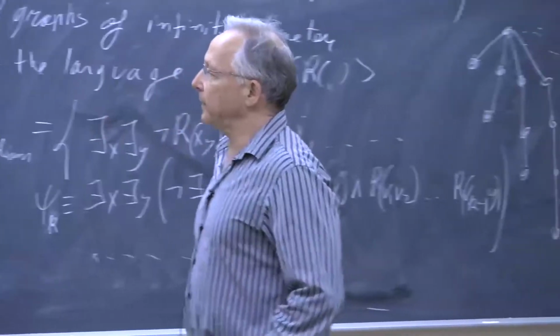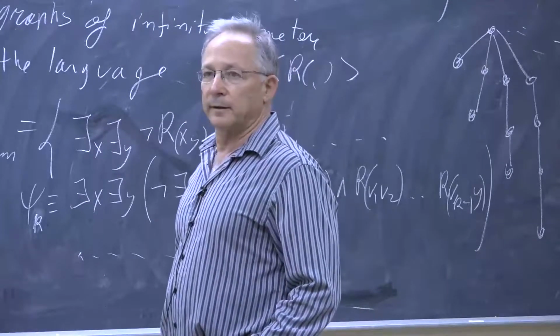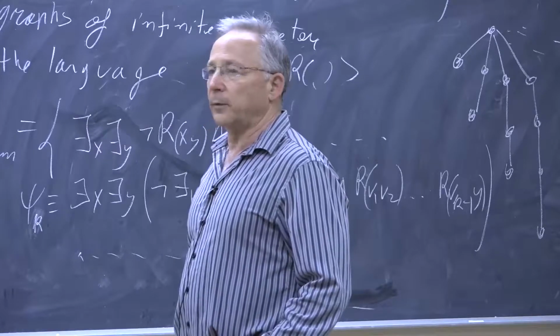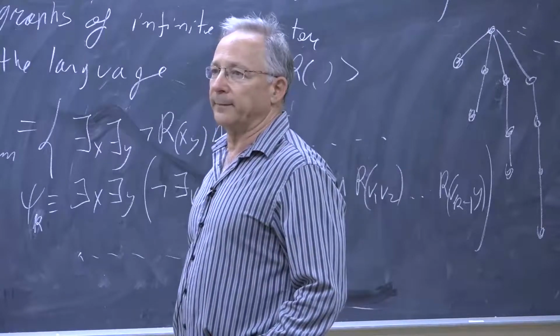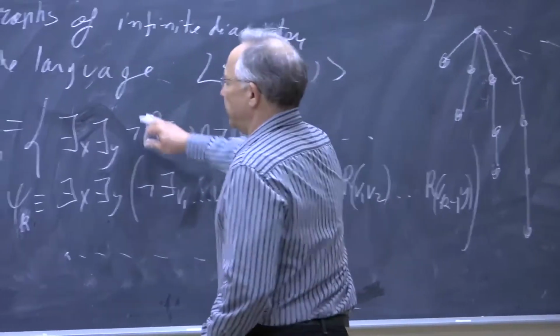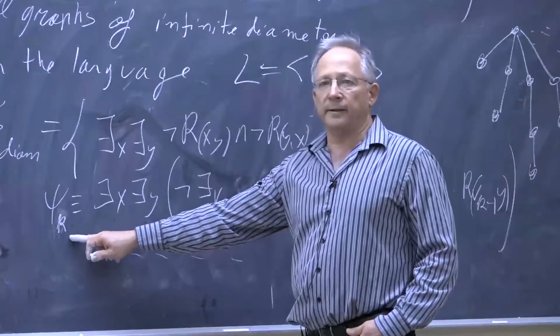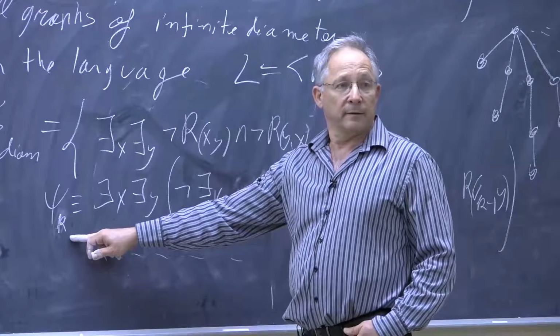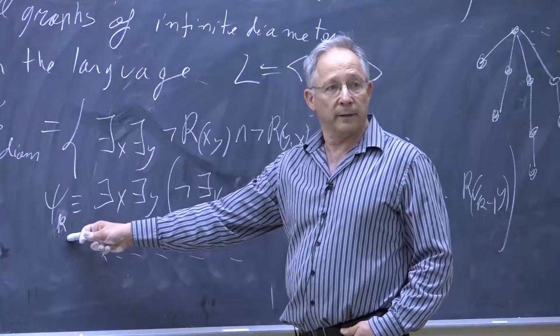And I want to show that such an A is satisfiable. So again, it's the same kind of game. I have here sigma diameter that has those phi k's. Phi k's say the diameter is at least k, or is greater than k, right?